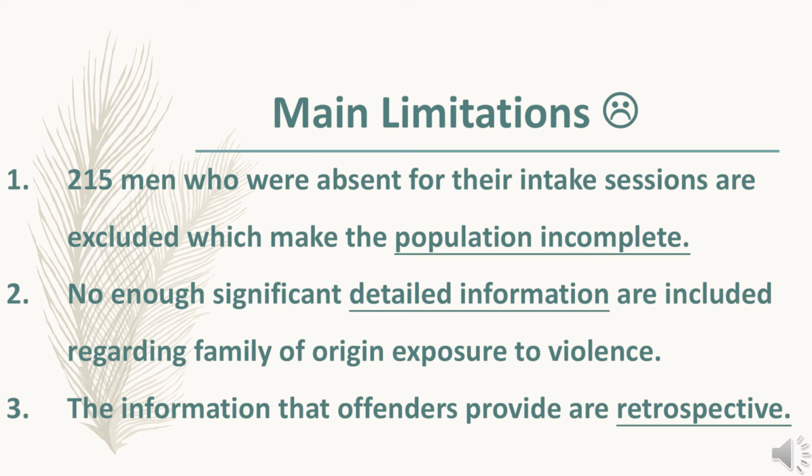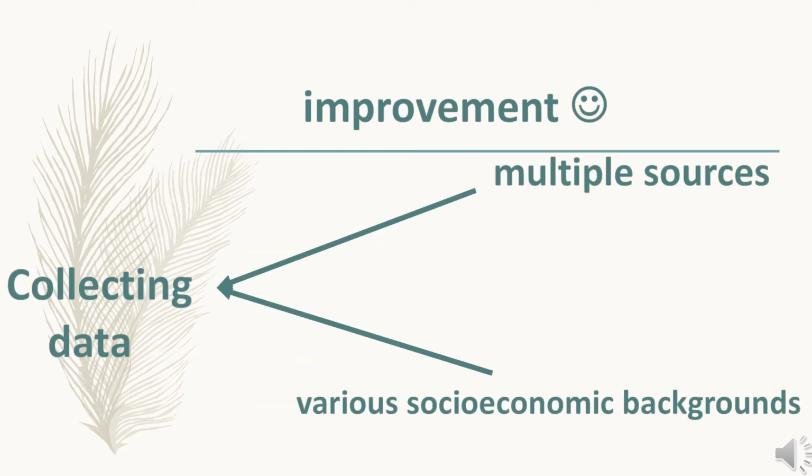And unfortunately, the researchers do not have enough important detail to confirm the information. An improvement for this article could be collecting data from multiple sources and from various socio-economic backgrounds, so that the samples do not fall prey to bias.